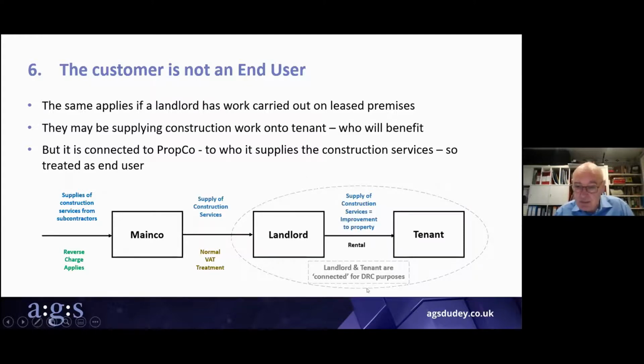Because they're connected, in this case, the landlord again is treated as an intermediary supplier to the tenant, who is effectively the real end user. The point is that where you're supplying a party that's connected in this way to an end user, you use normal VAT treatment. Reverse charge treatment ends at that point.